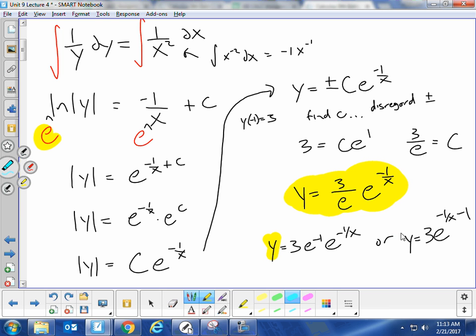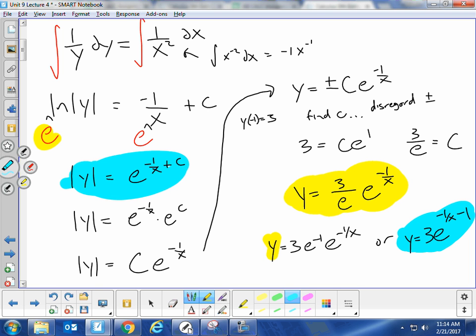In your free response, you might see an answer like this rather than an answer like this. It doesn't mean your answer is wrong. They just did it a little bit differently. Also, in your free response answers, you will see that they will find c earlier. They may find c in this step. That's fine. You could do that if you choose to do that.